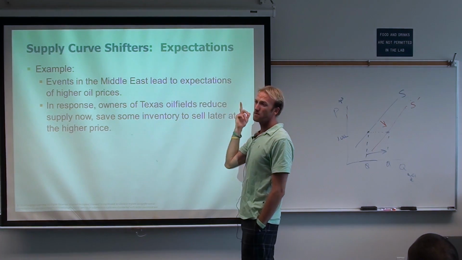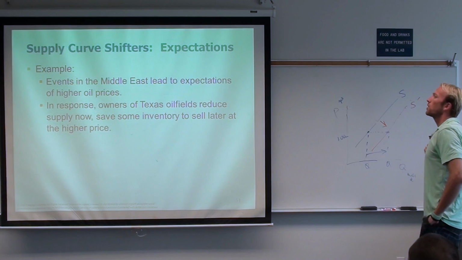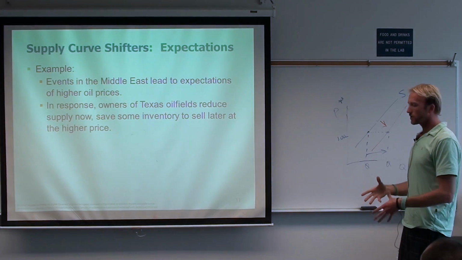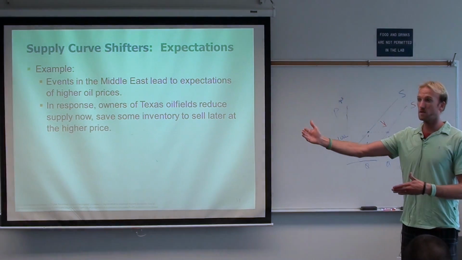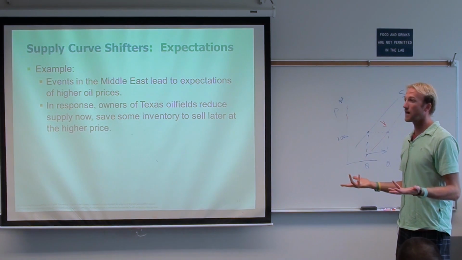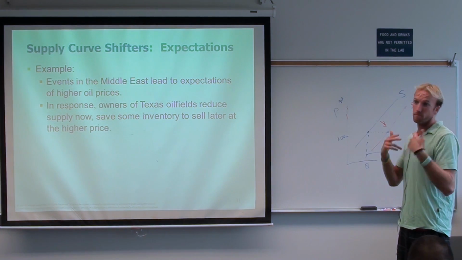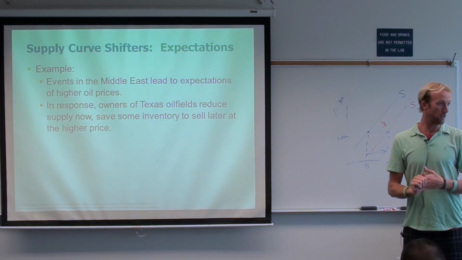At any rate, people are getting worried about higher oil prices. Okay, so what do you think that owners of Texas oil fields are going to do? Well, they're like, dude, in about 2 months, we're not going to have any oil from the Middle East. Oil is going to go sky high. I'm going to go ahead and store oil in my big oil tank so that when the price goes up, I'm going to sell it all then and make a killing, right?